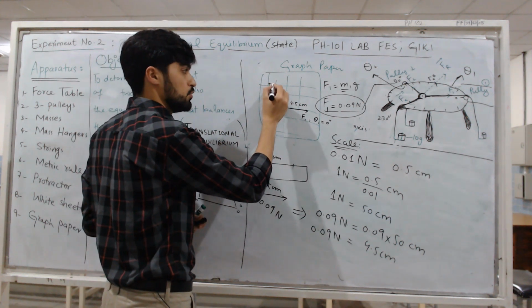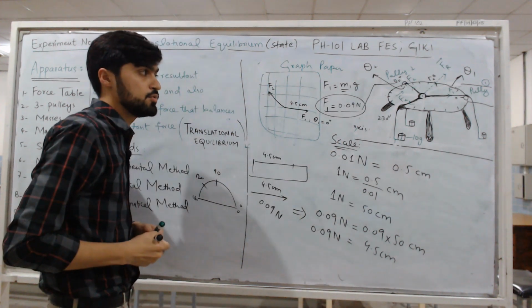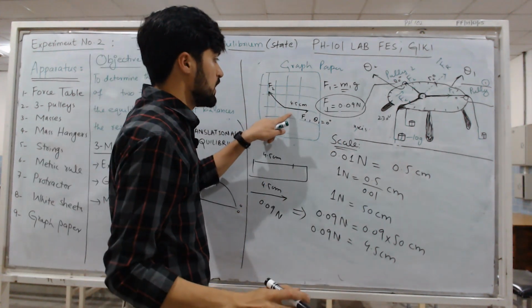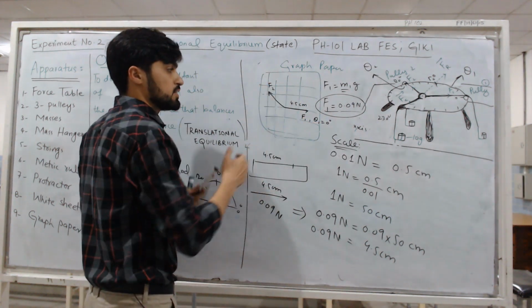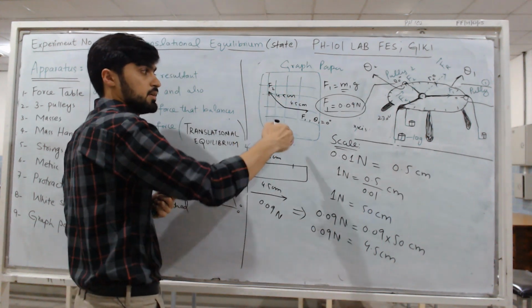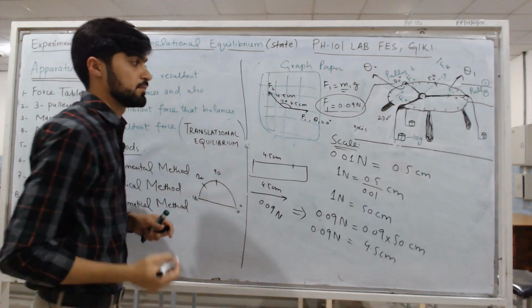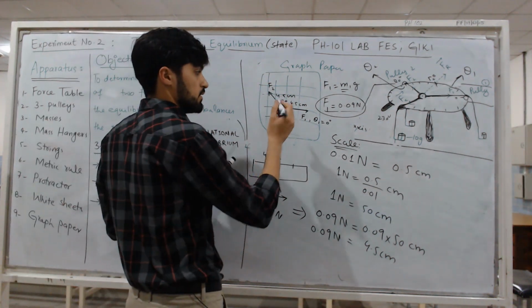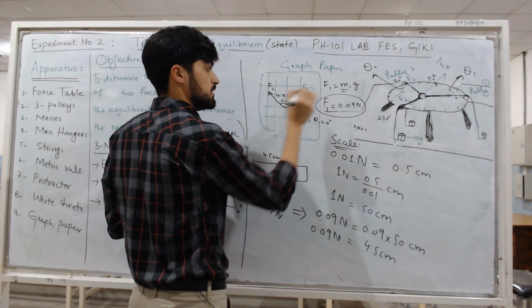So this will be your F2, because F1 and F2 have the same magnitudes, let's say, in the first case. So F1 is 4.5 centimeter with theta 1 equal to 0 degrees. F2 is also equal to 4.5 centimeter, but with 120 degrees this way. So the resultant will be here, right? This is the resultant.